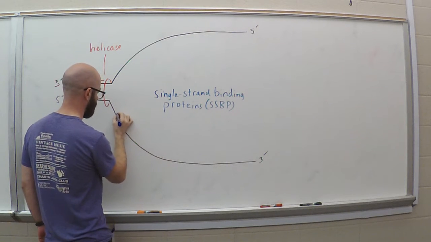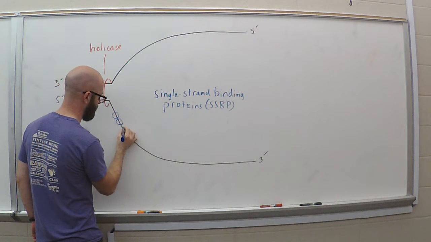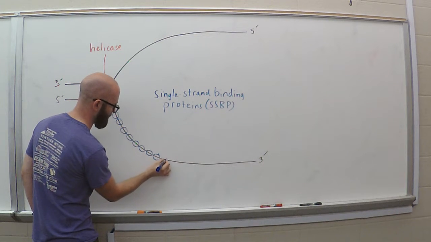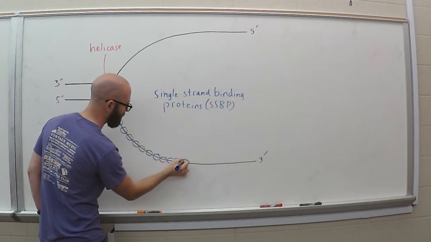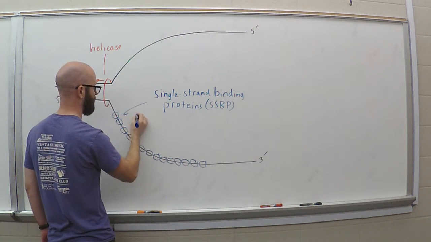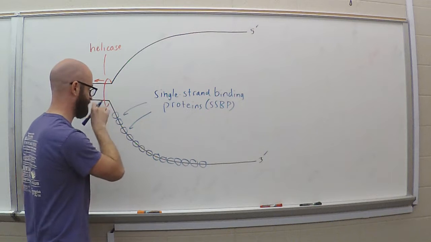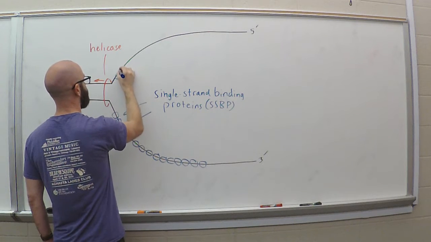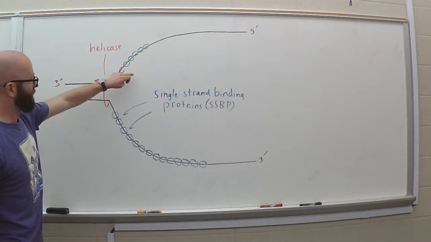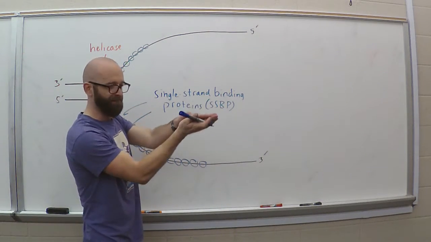And they will just bind to the single strand of DNA and keep that DNA strand from re-annealing to the other DNA strand. And so that'll happen to both of these strands. So now they're blocked. They can't stick back together.